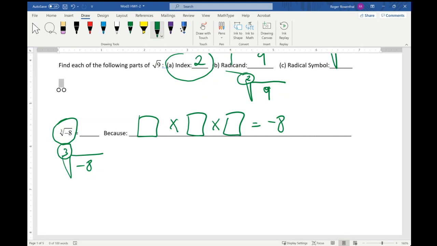And if you give it some thought, you'll realize that that's -2. So the third root of -8, and a third root is also called a cube root, is -2 because -2 times -2 times -2, 1, 2, 3 of them multiplied together, give you -8.